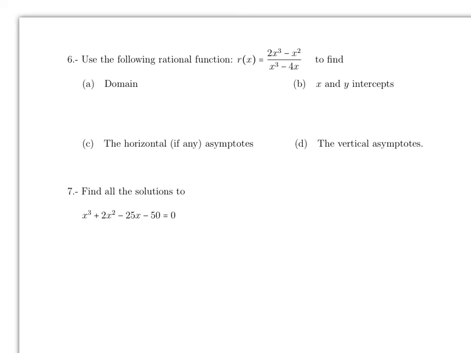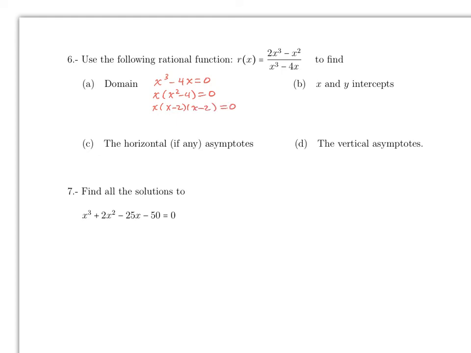So this is a rational function. You only look at the bottom. So first you set the denominator equal to 0. So this will happen when x is equal to 0, and then if you factor, it will be 2 and minus 2. Okay.